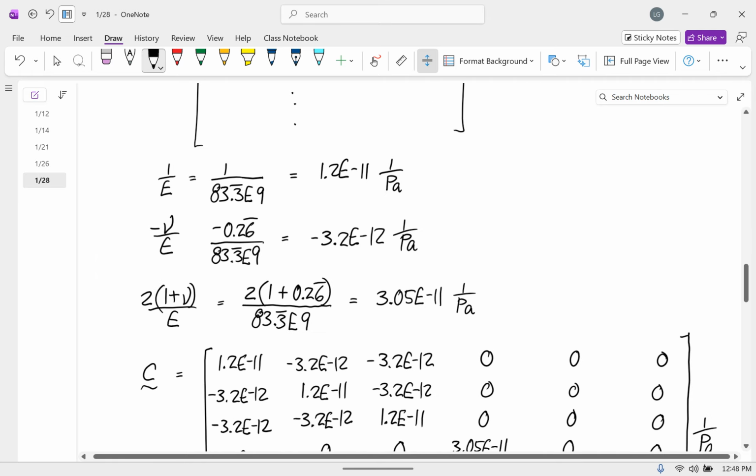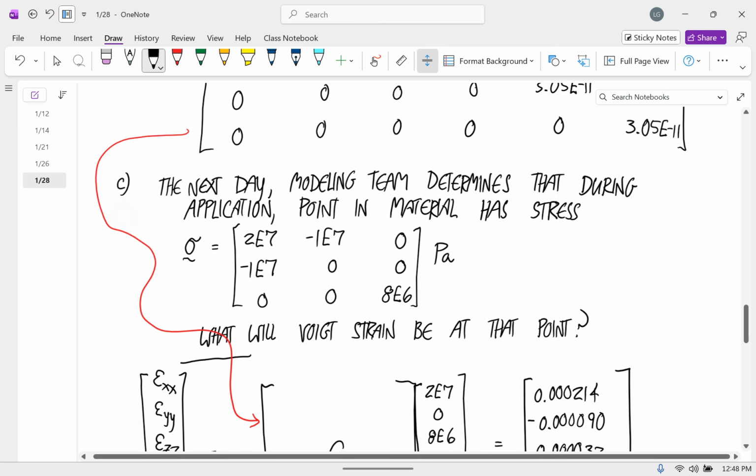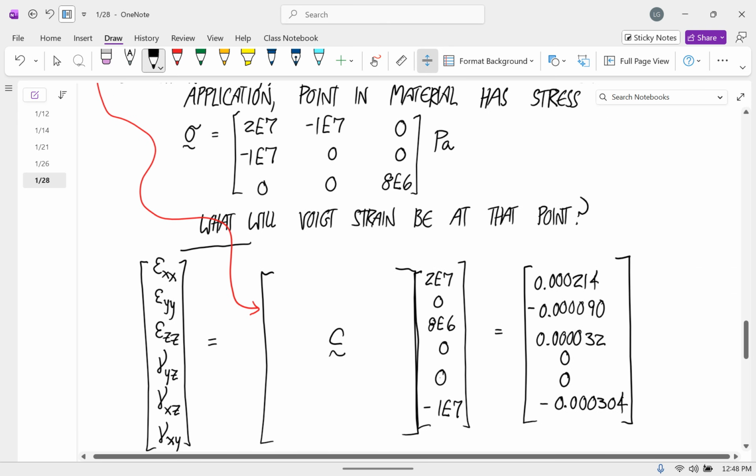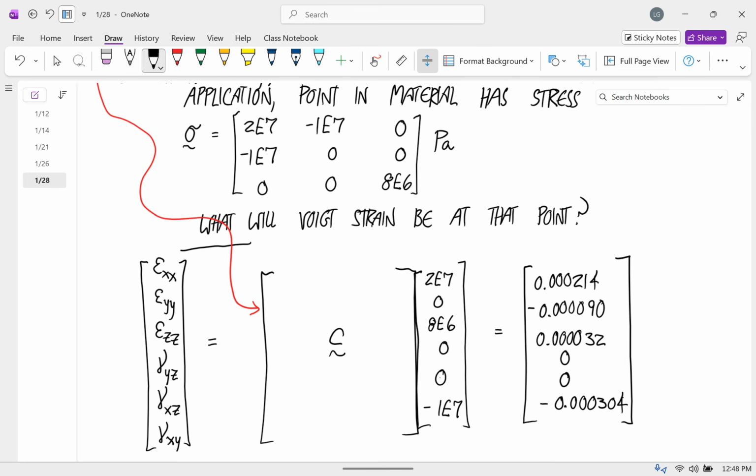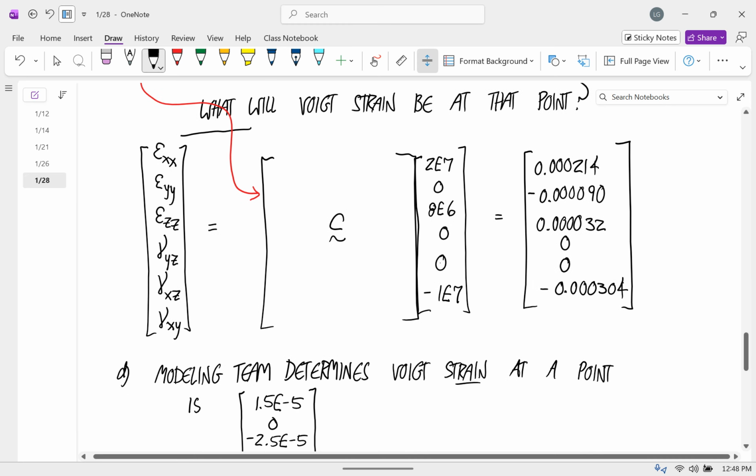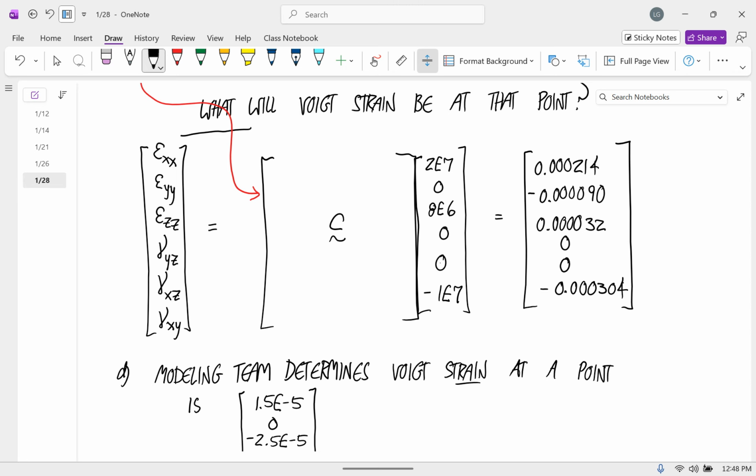And with nothing but that, we were able to predict, if we're given a loading at a point, what the deformation is going to be. And on the other hand, if we know what the deformation is going to be, we're able to calculate what the loading will be. That's a lot of computational power with a very little amount of experimental work.